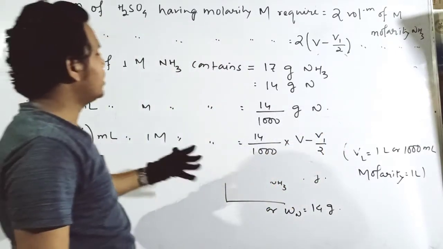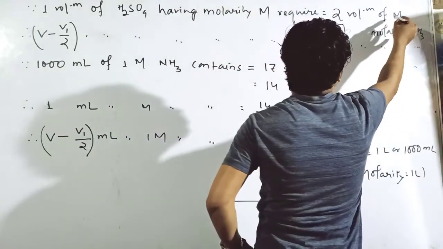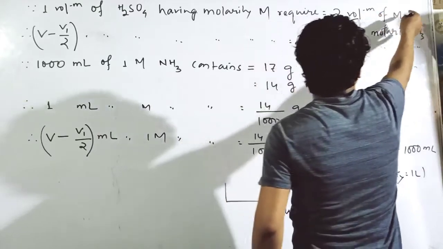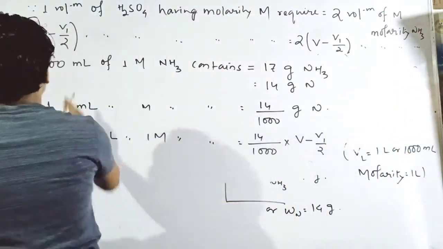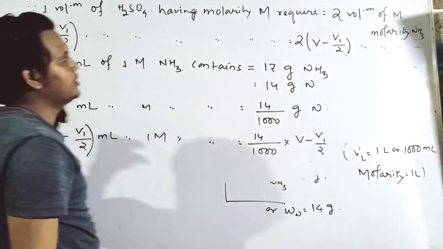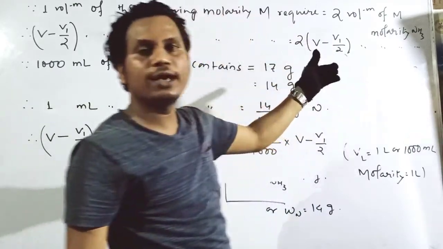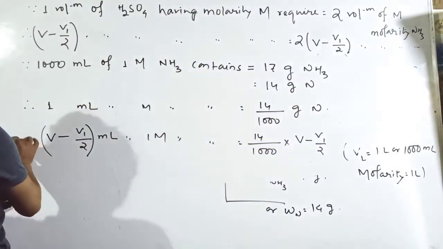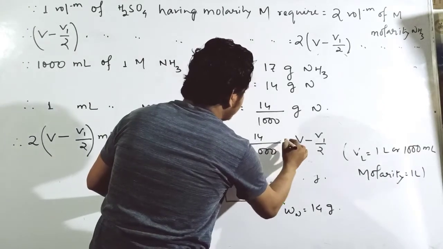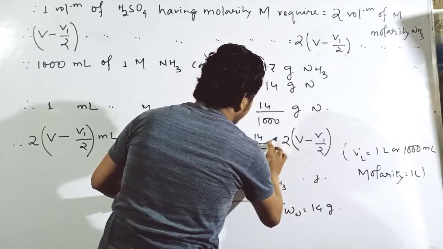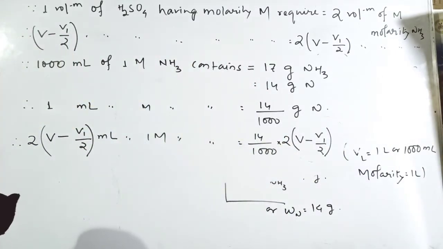Oh, sorry. Not this, what do we require? Ammonia. So 2 volume of M molarity ammonia means 2 times of this. This is for sulfuric acid. Now we require it for ammonia. What is the volume of ammonia? 2 times of V minus V1 by 2. Into this one we have got, so this is the mass of nitrogen.